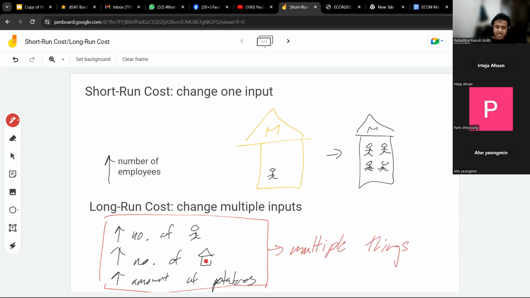But if I just talk about changing one input individually, like the number of employees, or if I want to increase the number of ice cream machines, then this is referring to short run costs. So this is what we call the short run cost, which is basically where you just change one input. Long run cost is if you change multiple inputs.